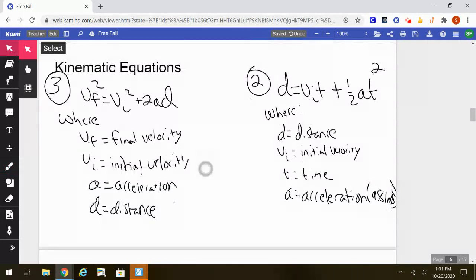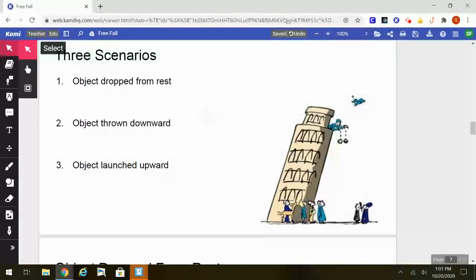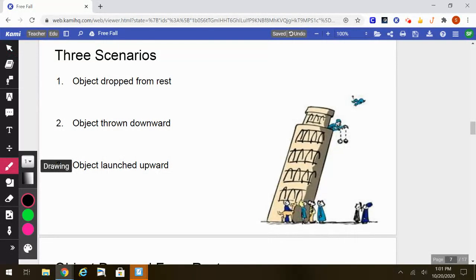So, moving on. We have 3 scenarios in free fall. When we are dropping something from rest, that means that VI equals 0 meters per second, and it falls to the ground. You throw something down, right?